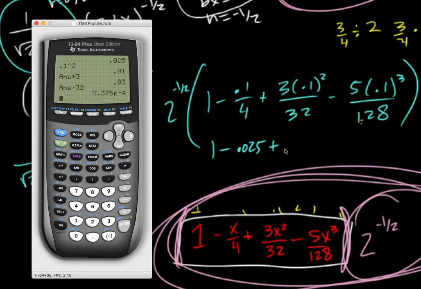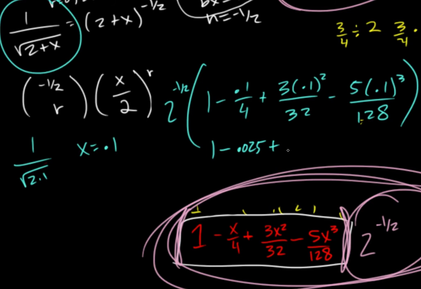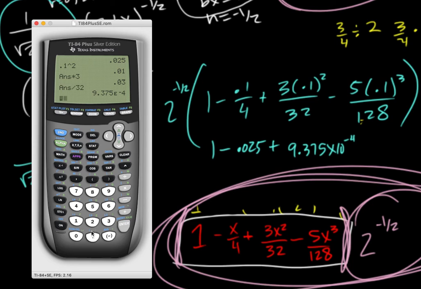And we get 9.375 times 10 to the negative 4. And then we're going to do 0.1 raised to the 3 times negative 5 divided by 128.